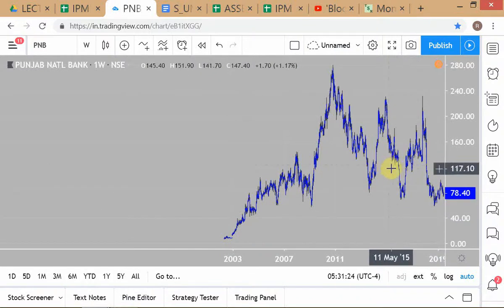I think the first rule is never invest on the basis of what people say. Form your own view. It's not that complicated, and especially if you take a purely technical approach, it's much less complicated, and it's a completely legitimate approach. You should only stick to liquid stocks. Don't go outside the Nifty 50.